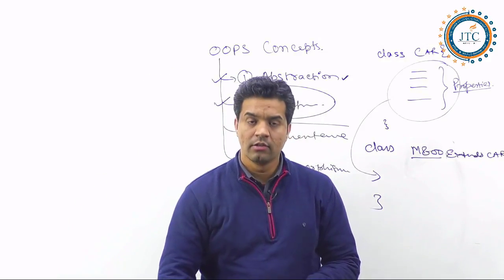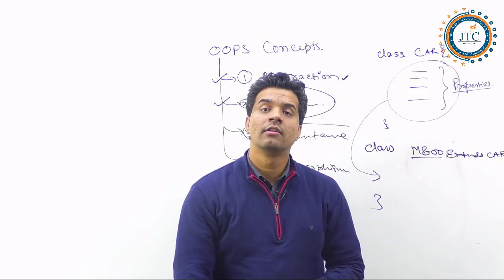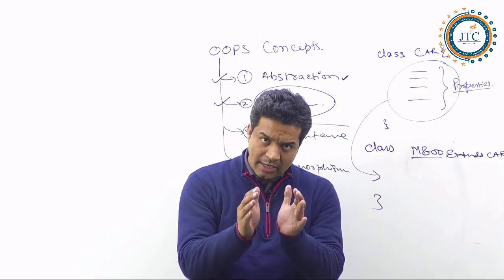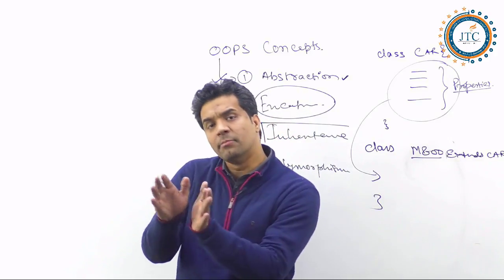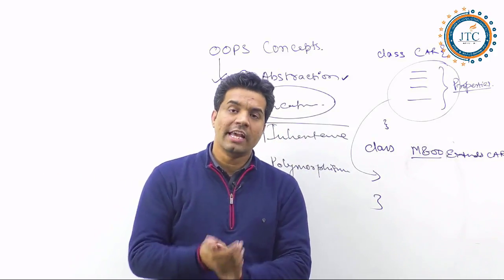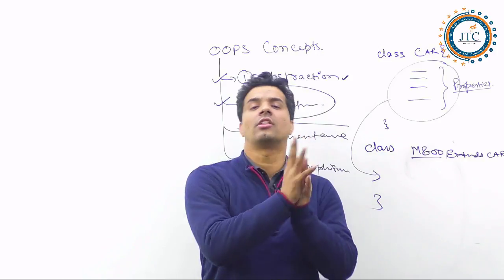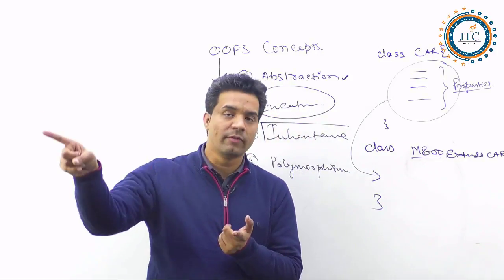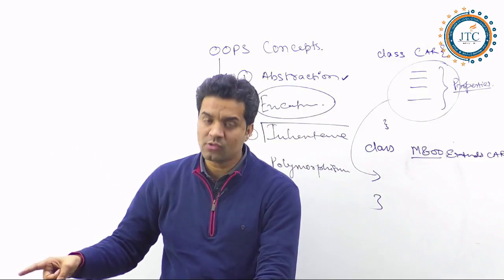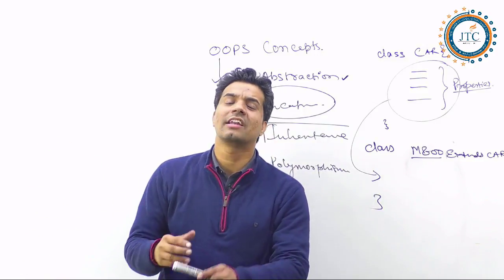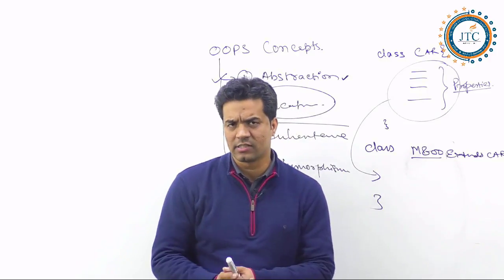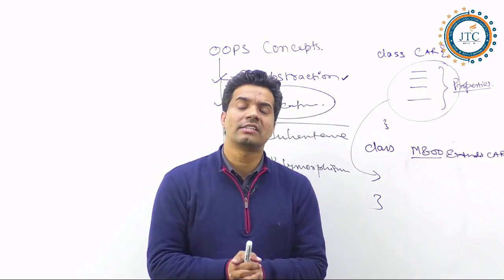They may want their code, their class, their method to be inherited by somebody else or not, and accordingly they can put some restriction on the class. What kind of restriction, we will discuss in upcoming classes. They can declare some classes final so that they cannot be inherited, and other such things. So that is what we call inheritance.